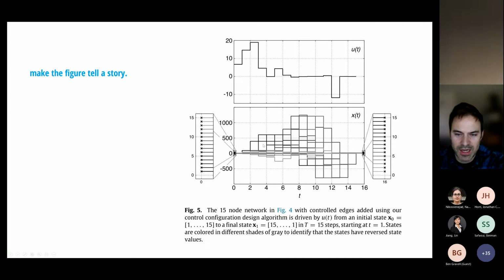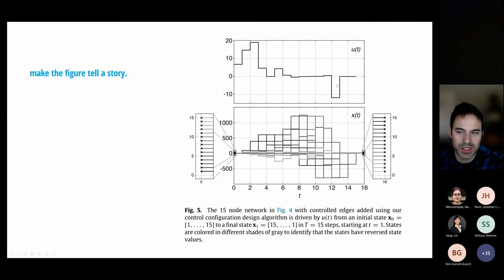Again, I felt obliged to show the input that actually accomplished that. People are interested in the magnitude of that and the duration of the signal, and also in seeing how large the states get along the process. But in the end, the story I wanted to tell was that I was able to achieve this state transfer. And so in that context, demonstrating that very explicitly with these side plots was important.